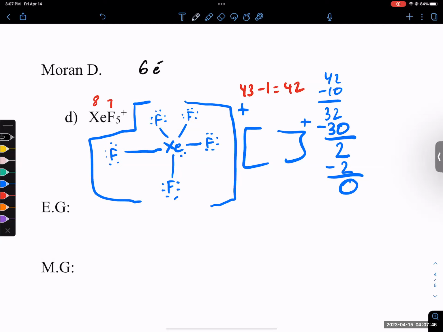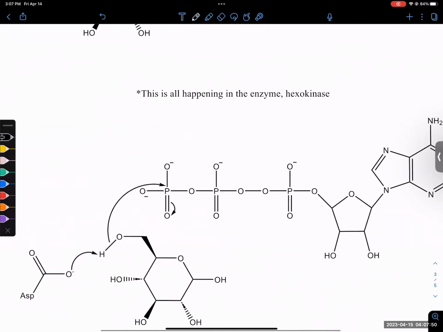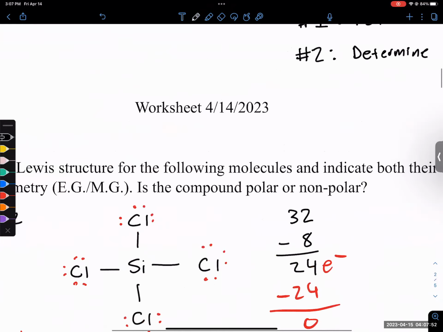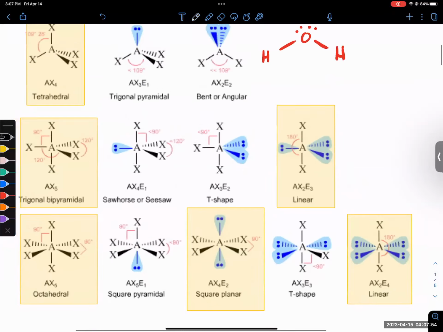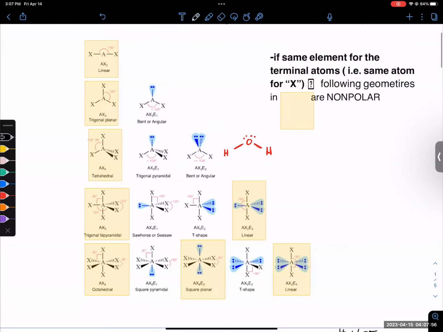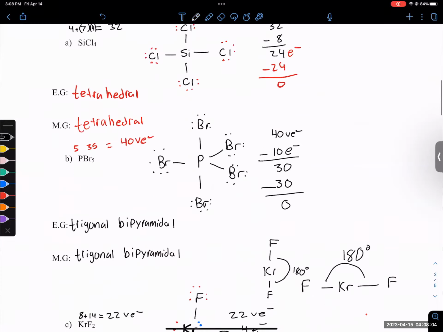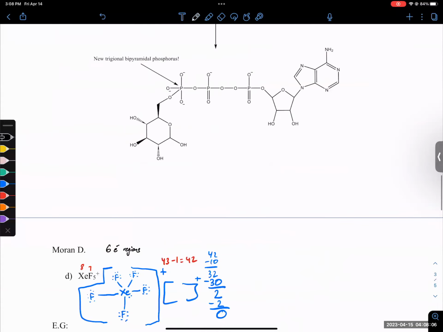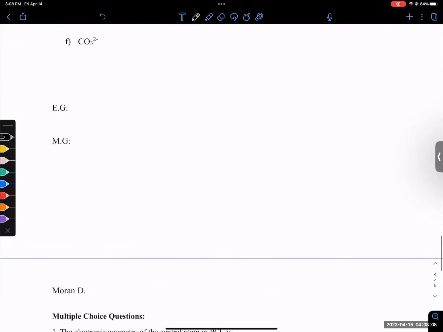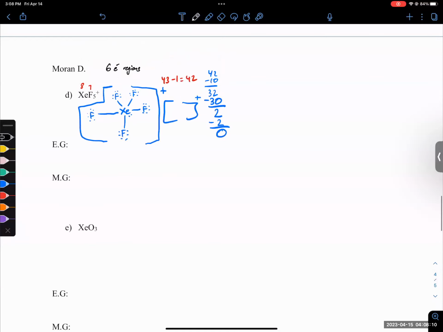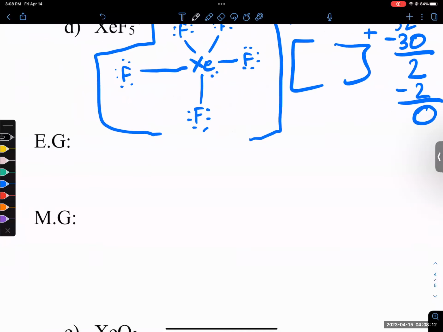So 6 electron regions, which means our electron geometry is octahedral. Yeah, that's exactly how you say that. These are weird words. Octahedral.